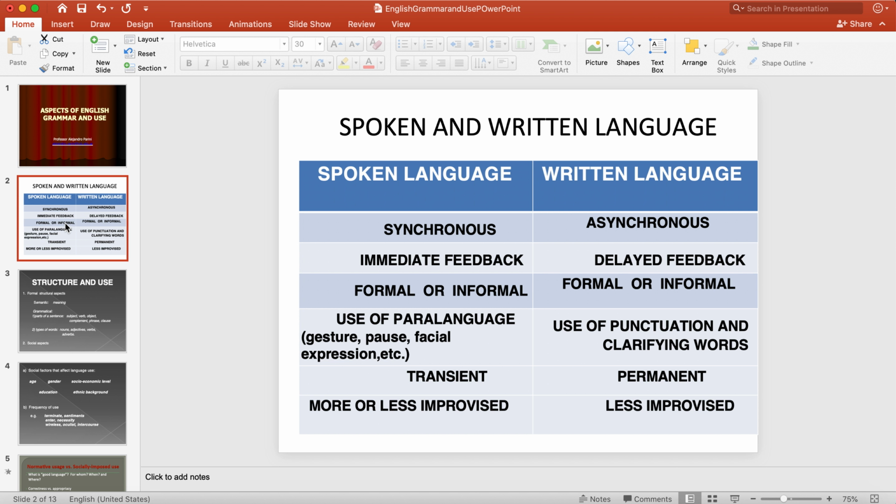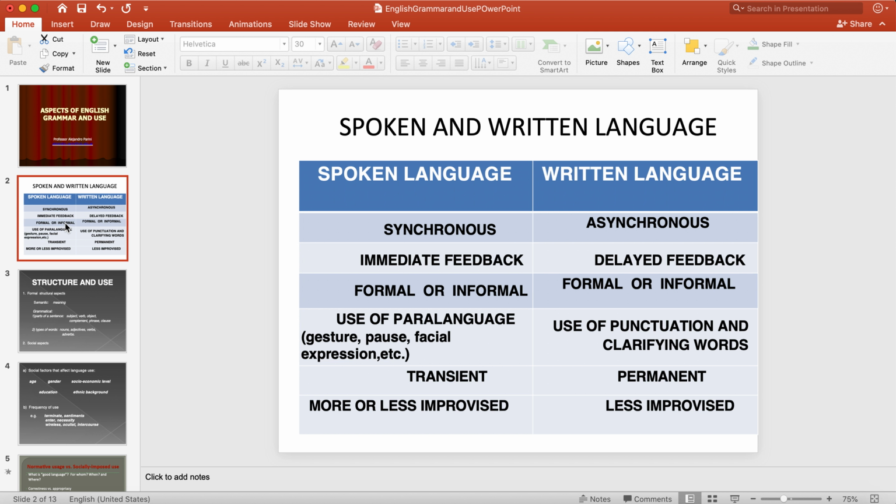Written language, of course, does not use any of these gestures or facial expressions. We don't see who's actually writing. We just read the final product, the end product, be that a book or a text or even an email.